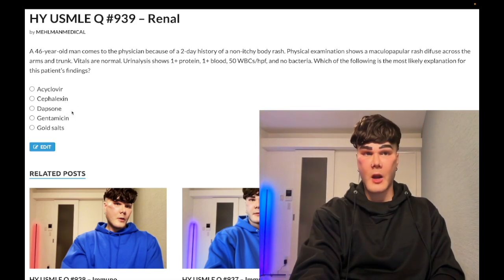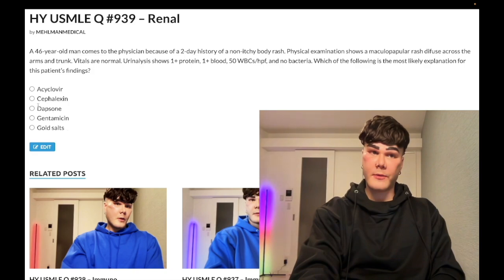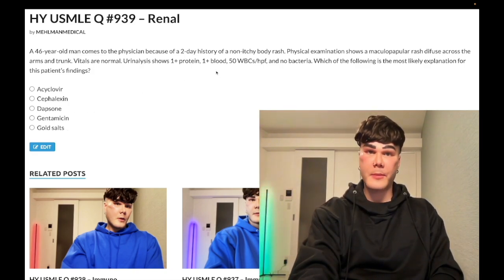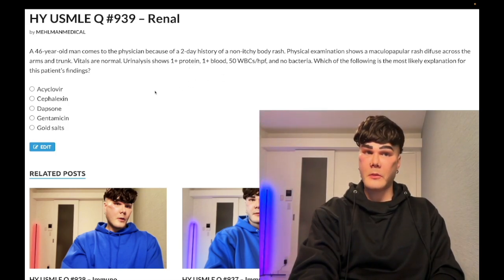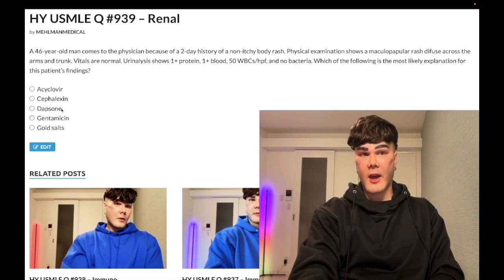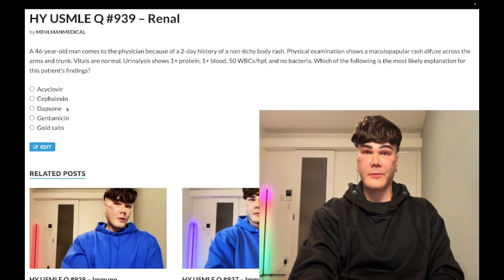So dapsone, wrong answer. This can cause membranous glomerulonephropathy, so dapsone, gold salts, and sulfonamides will be a hardcore nephrotic syndrome. You're not going to have blood in the urine with membranous, with a spike and dome appearance, but they would just say the patient has 4 plus protein in the urine, no blood, and it could just be dapsone or gold salts. Dapsone can have a role in the treatment of leprosy.